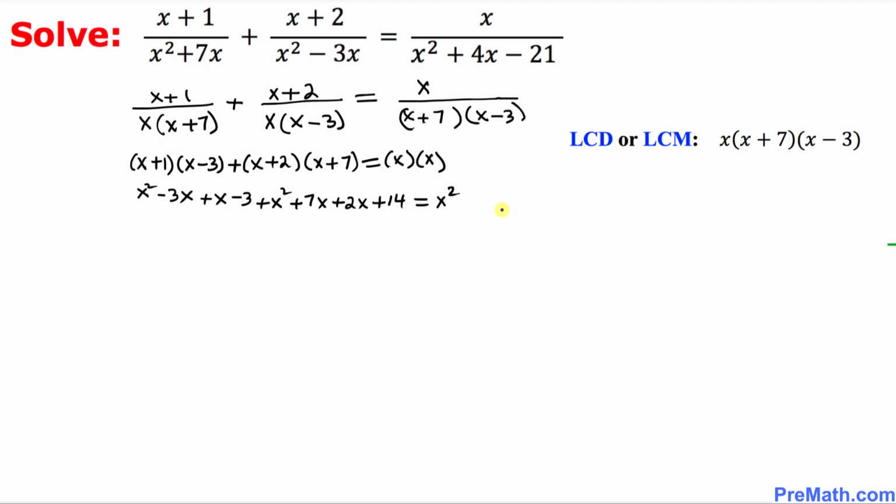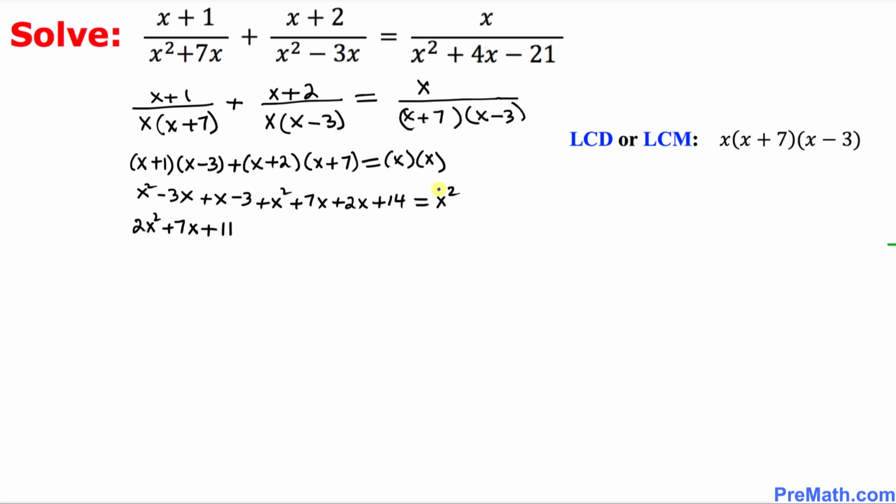And now we are going to combine the like terms on the left hand side, and if we combine everything, we're going to get 2x squared plus 7x plus 11 on the left hand side.